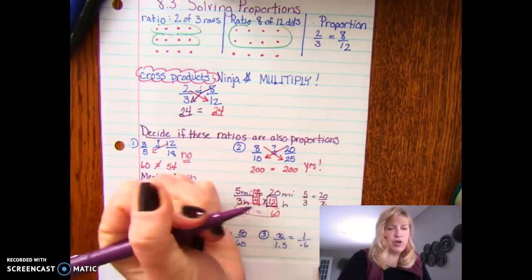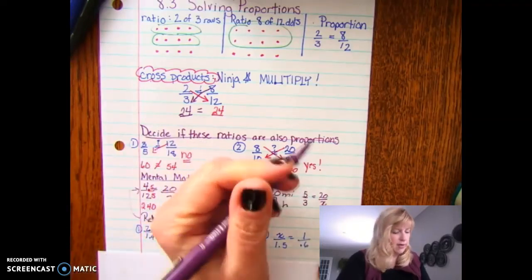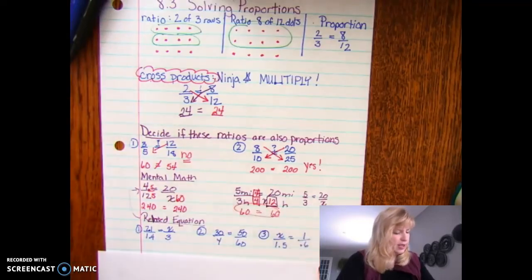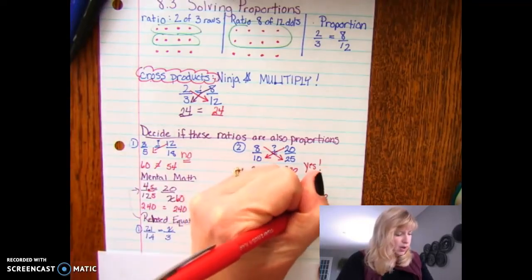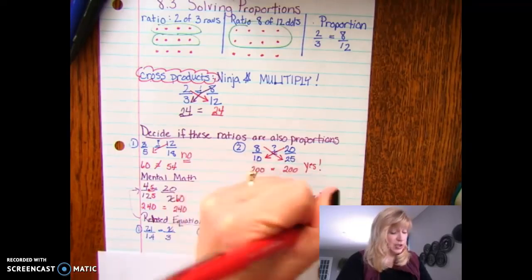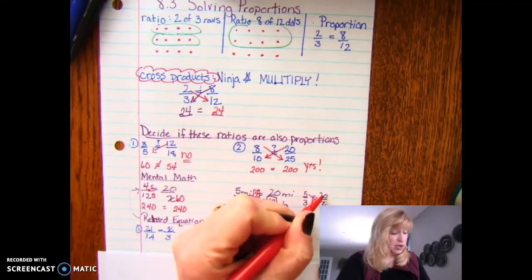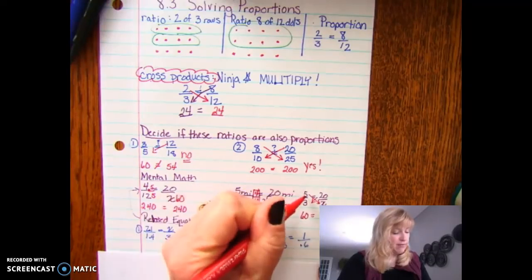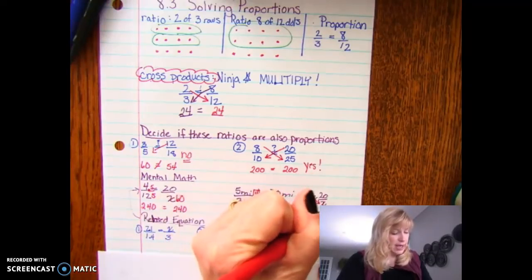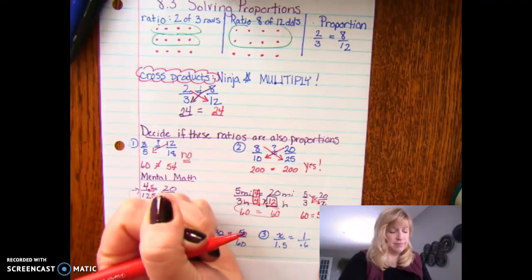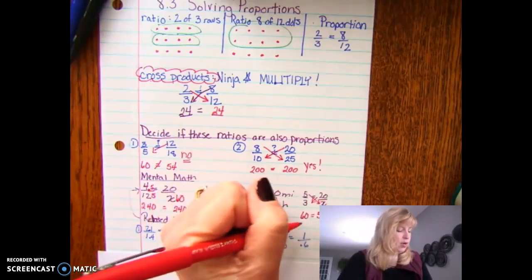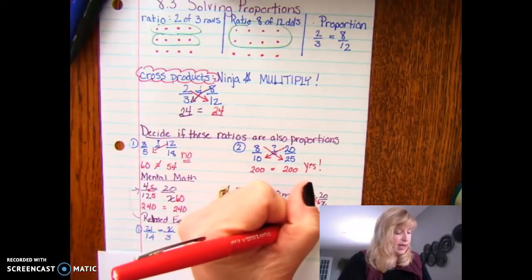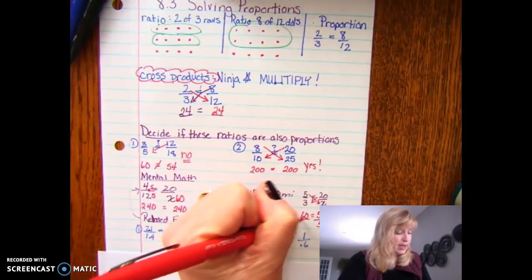This is the second way you can solve your proportion. And it's a really easy one to check. So what we're going to do before we do anything is just simply do the cross product. So 20 times 3 is 60, and that's going to equal whatever 5 times x is. Okay, so in order to figure out what x is, we need to divide this side by 5 and this side by 5.